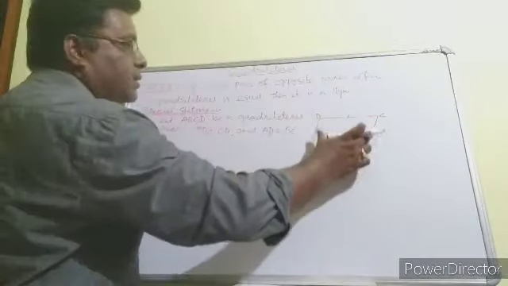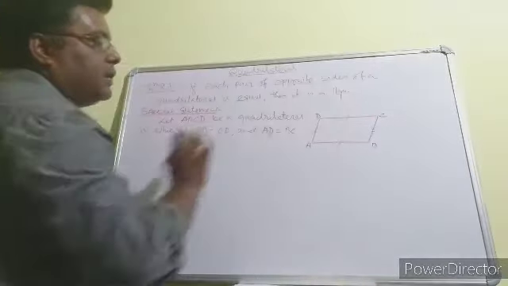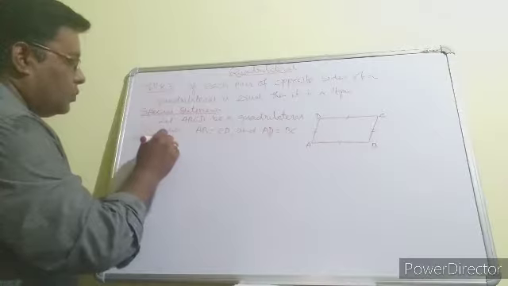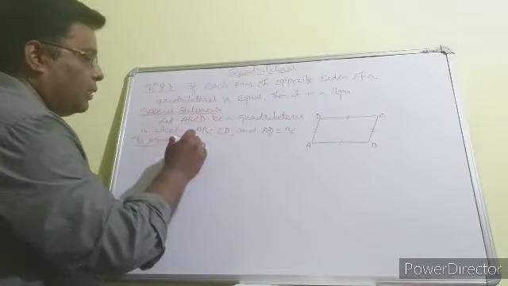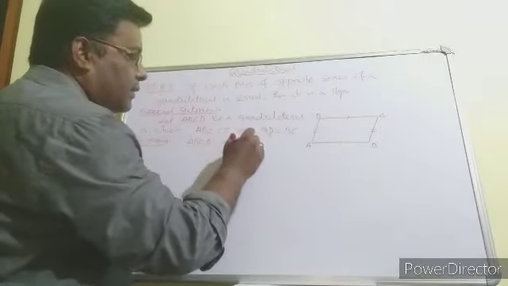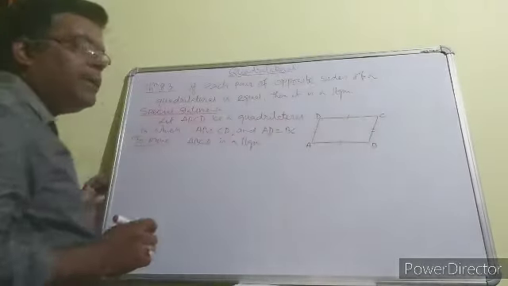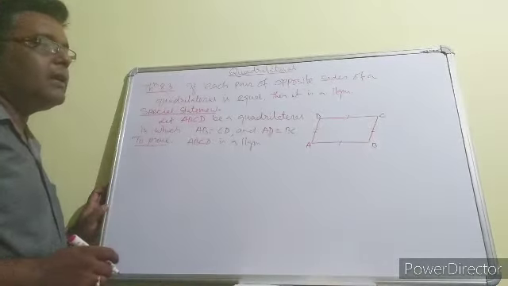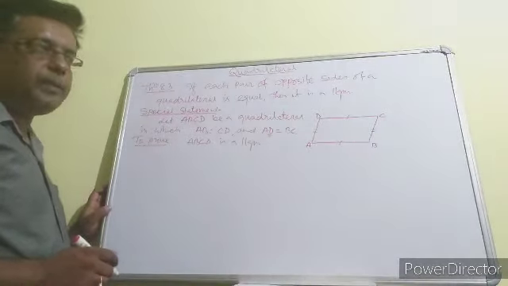To prove: what do I have to prove? ABCD is a parallelogram. That means AB is parallel to CD and AD is parallel to BC.